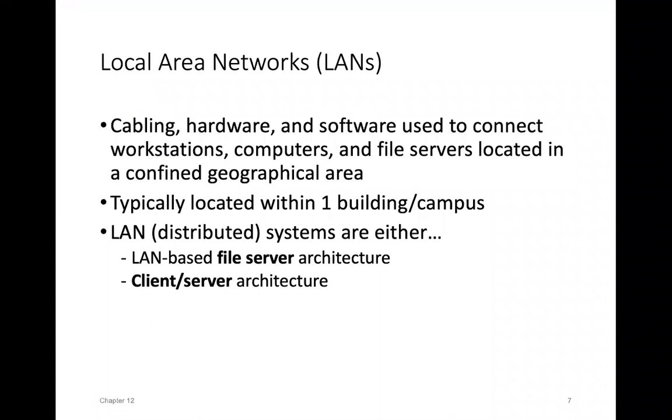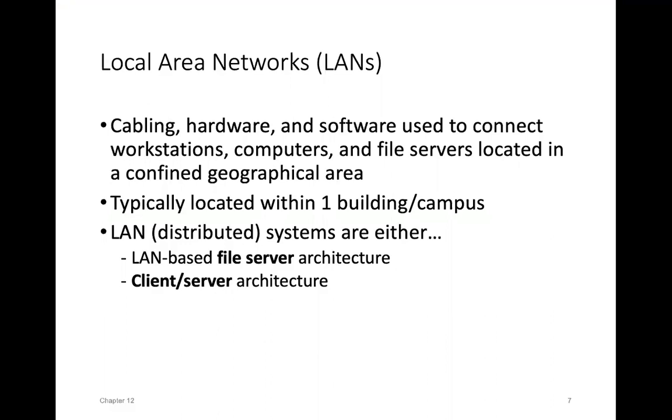Cabling, hardware, and software used to connect workstations, computers, and file servers located in a confined geographical area. So typically located in one environment. This could be a campus, it could be a building, and so on and so forth. Now, in these LAN distributed systems, you're either going to see a file server architecture or a client server architecture. Let's look at both of these in turn.